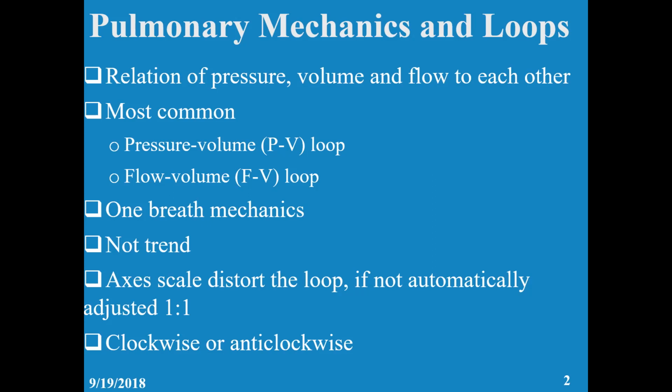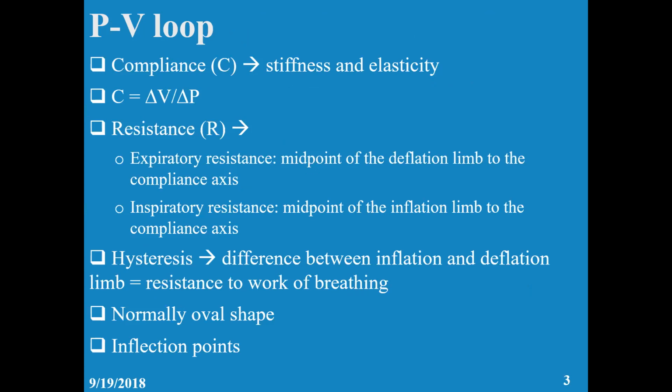Now, the scaling can affect and distort the loop if the computer has no automatic adjustment. It can be clockwise and it can be anti-clockwise, so be sure of what you are looking for. The first one is pressure and volume.